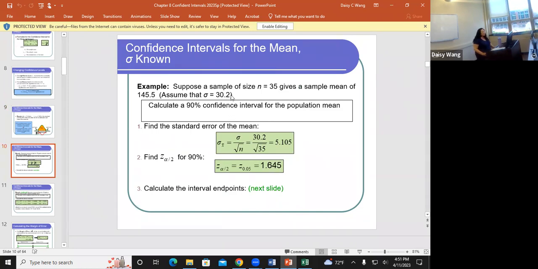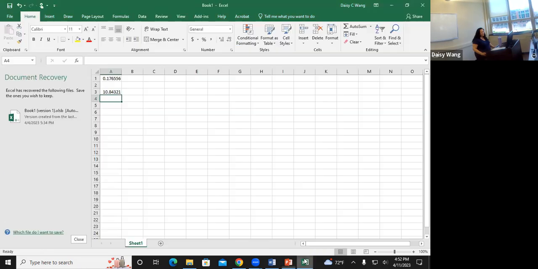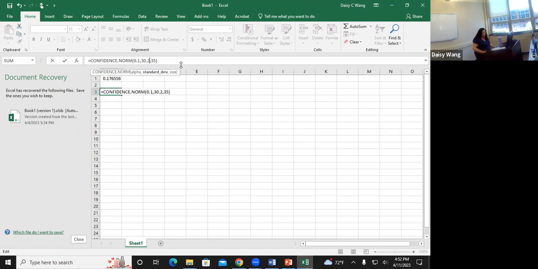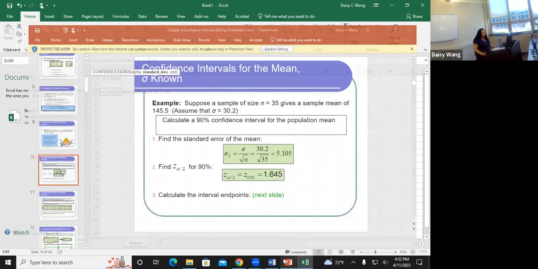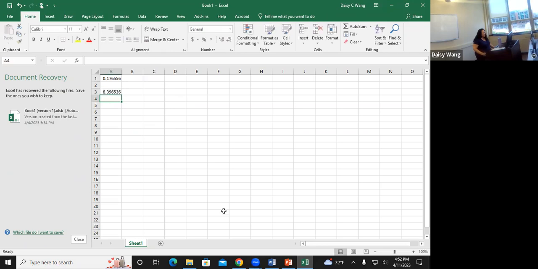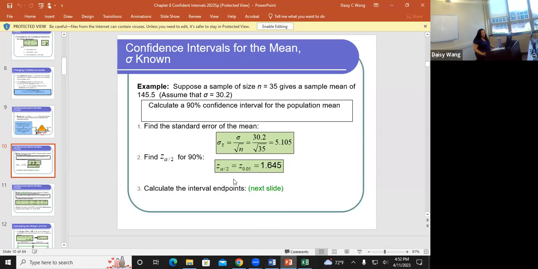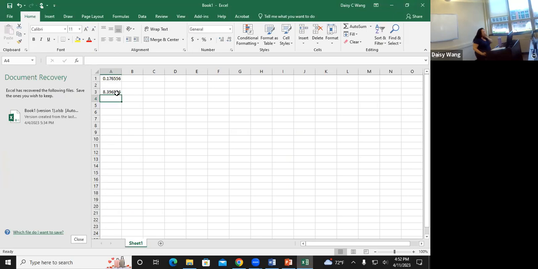So 30.2, 35. If it's two tails, we have to do 0.05. So 5.105, is it correct? No. So let me change it to 0.05 and see if it's correct.